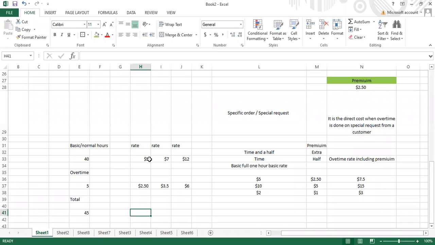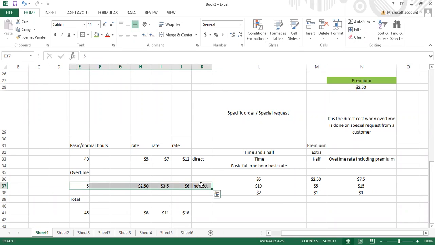This is the basic rate, and you are going to add these two, so here would be the total including premium. This is your direct rate, and the premium is your indirect, if it is not on a special request from a customer. That extra penny, extra dollar you are given is your indirect.